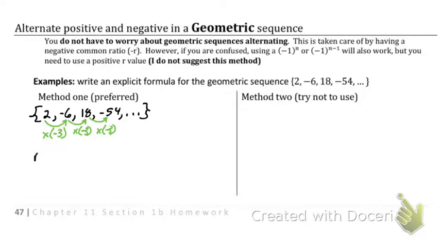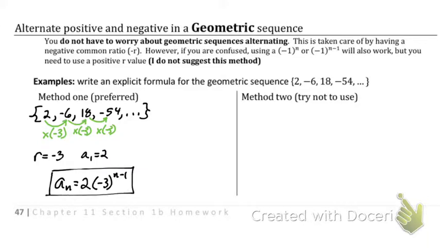So that means my R value equals a negative 3. My first term is 2. You have all the information you need to come up with the sequence. Your geometric sequence will be a sub n equals your first term times your R value to the n minus 1. That was just the formula we memorized for geometric sequences.